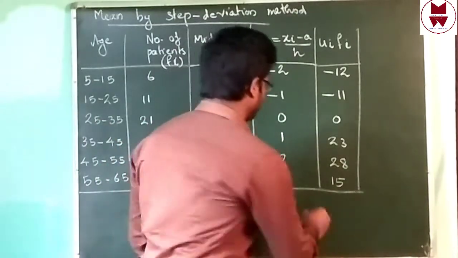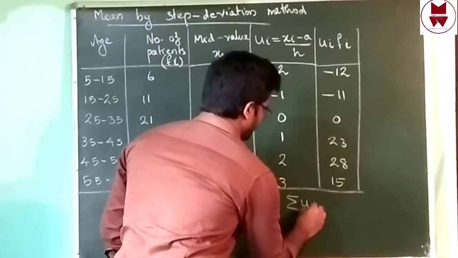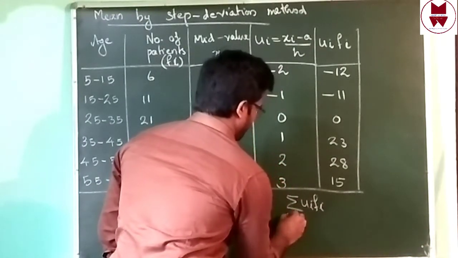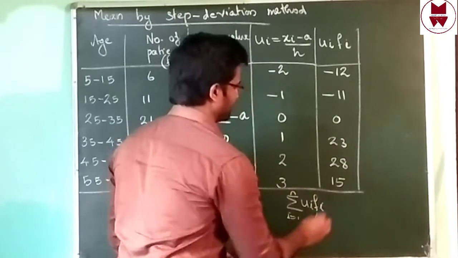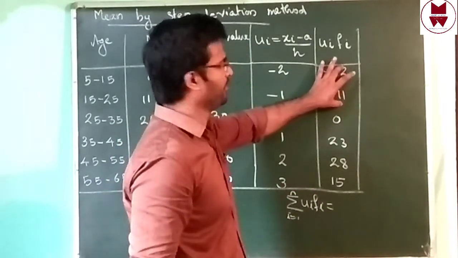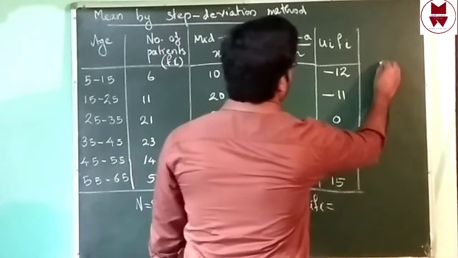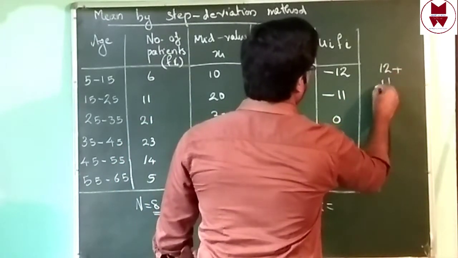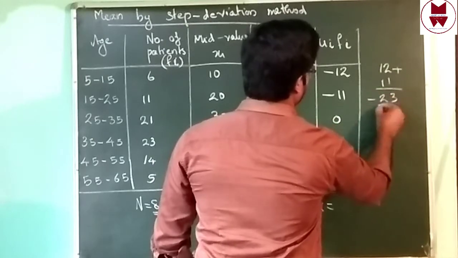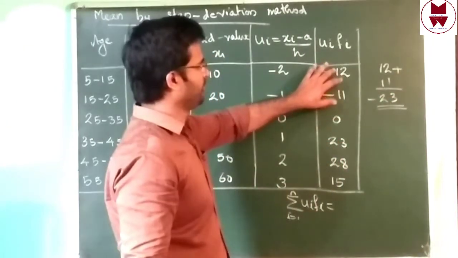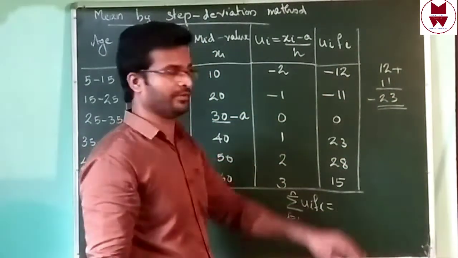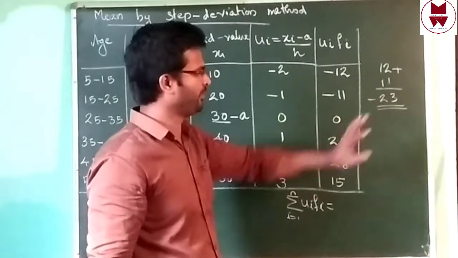Then the sum of ui fi, i equal to 1 to n, equal to, first the negative numbers only: 12 plus 11, you will get 23. Minus 23, because minus 12 and minus 11 are negative numbers, isn't it? That's why minus 23.